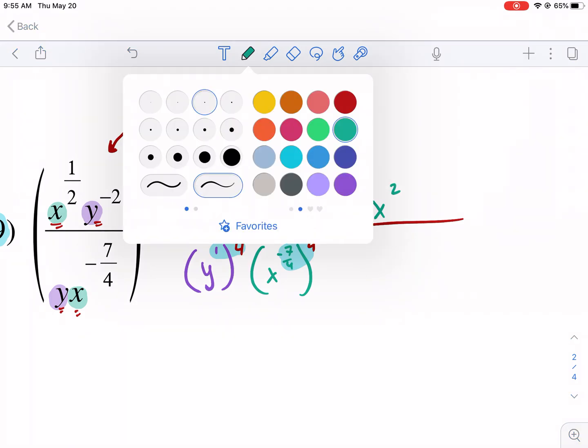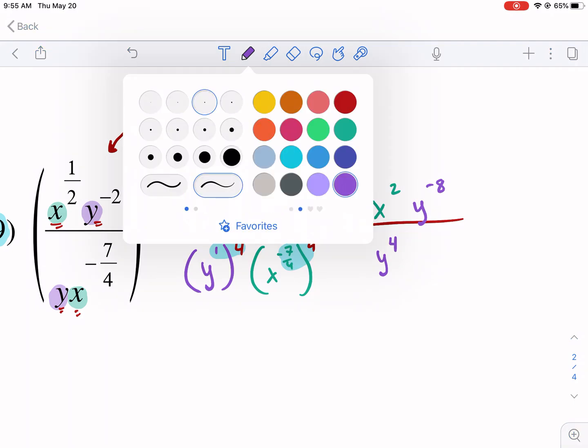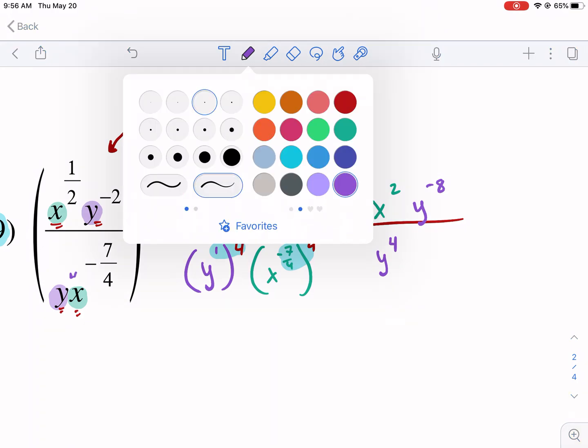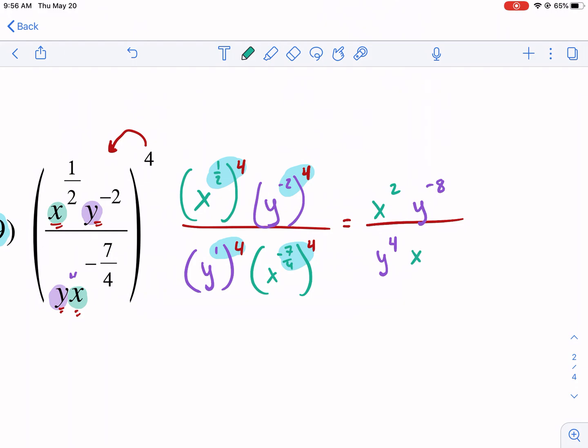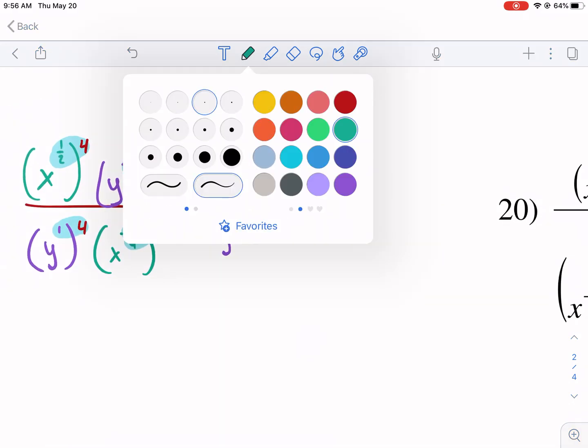That's great for us. y equals negative 2 times 4, negative 8. We can handle that later. y to the 4th, 1 times 4 is 4. Okay, that's an implied 1 there. You could just see that y to the 4th power is y to the 4th. Okay, you get it. Now I have x, and then I have negative 7/4 times 4 is just negative 7. This is much easier to deal with than what we were working with before.